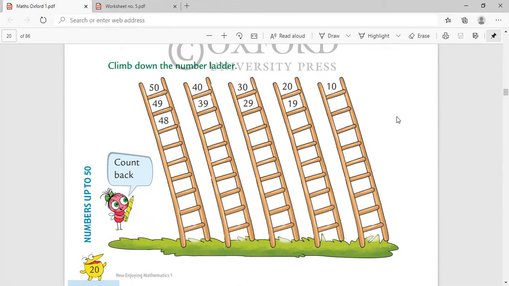Repeat after me. 47, 46, 45, 44, 43, 42, 41, 40, 39, 38, 37, 36, 35, 34, 33, 32, 31, 30. Backward counting is going on.